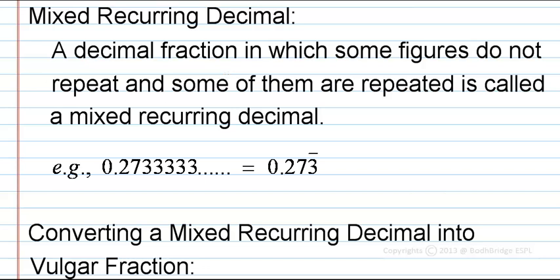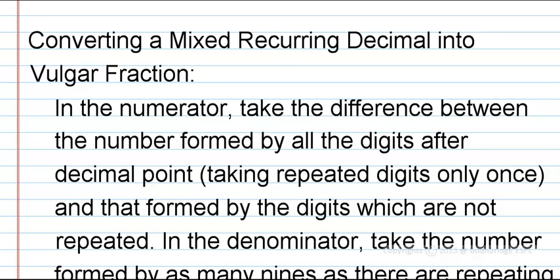In which this 3 alone is repeated. So it is 0.27, and 3 is repeated, so 3 alone is indicated with a bar, as you can see. Okay. So in a mixed recurring decimal, some figures alone are repeated and some of them are not. As you can see in this example, after this, converting a mixed recurring decimal into a vulgar fraction.